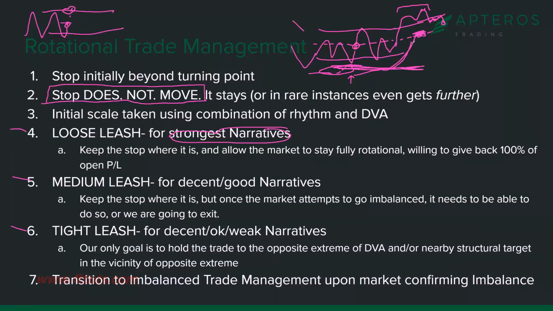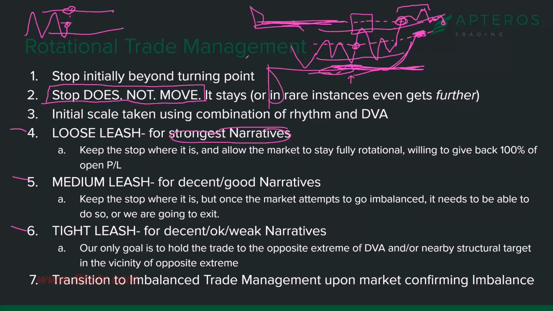The tight leash, like it's a good enough narrative to put a trade on, but there's some dissonance. I'm not expecting much, but hey, we'll see. Really, there was a reason to get long up here, and then there's a reason to get out up here. And we're really just looking for the other side of DVA. We're just looking for maybe a push to an extreme where our structural reference might be or something like that.